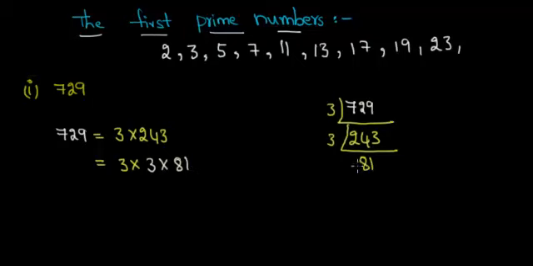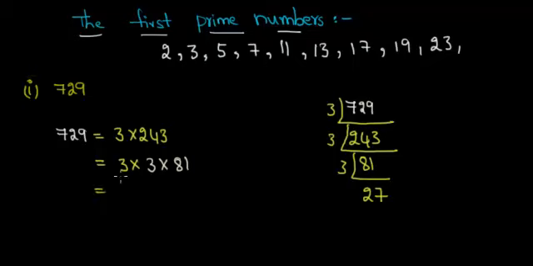And then we take this 81 and we see, does 2 go in 81? No. And then we look for 3. Yes, 3 goes in 81, and 3 times 27 is equal to 81.